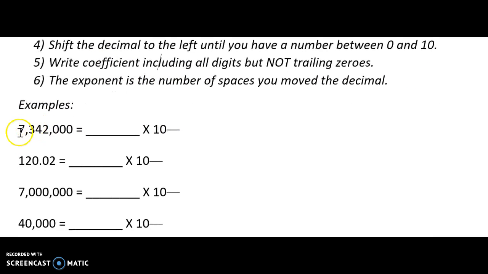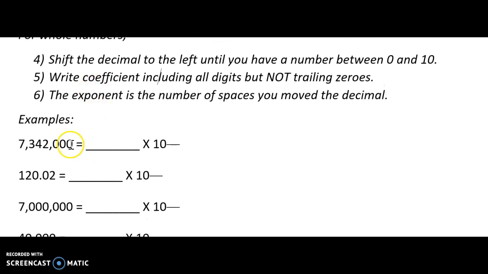So let's start with the example of 7,342,000. I want to shift the decimal to the left till I get a number between 0 and 10. So in this case, it would be 7.342, and after that, those zeros won't be written down.